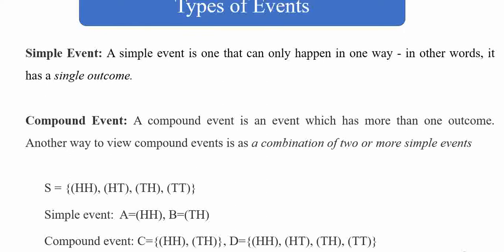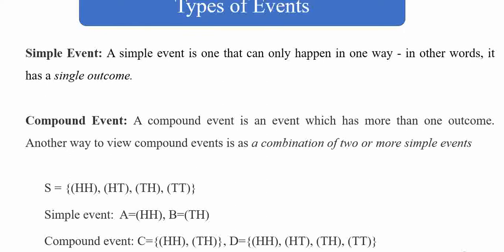Maybe you know from the first lecture the outcome of an experiment, because we defined it there. I will explain once again what is meant by the outcome of an experiment. So the simple event is the event which has a single outcome. Remember this, I will explain it in the example.